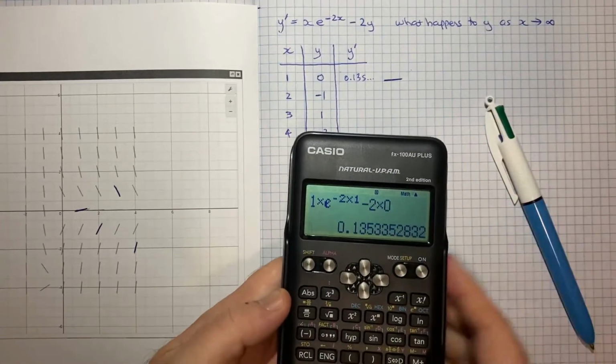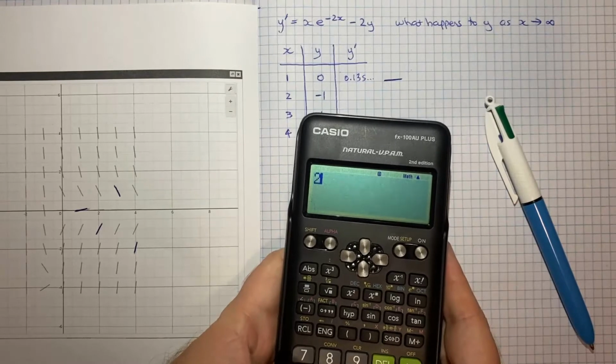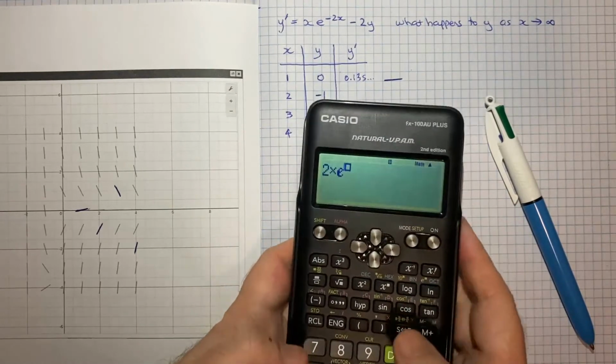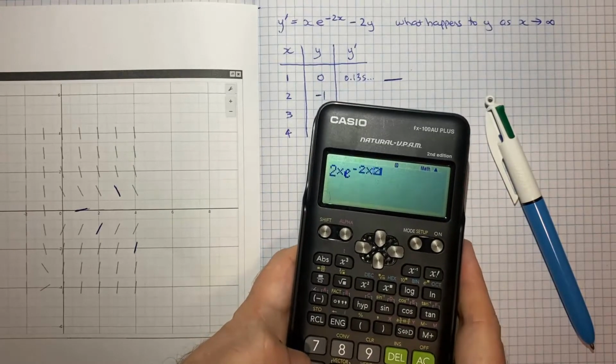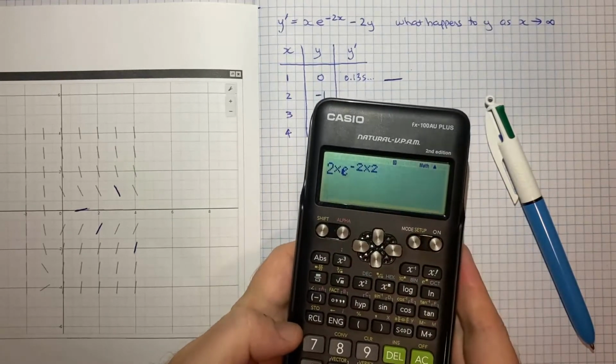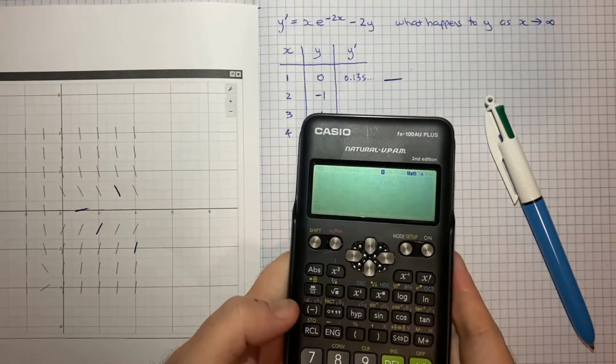At x is 2, y is negative 1, we would get 2 times e to the negative 2 times 2. And then that would be minus 2 times y, which is negative 1 in this case.